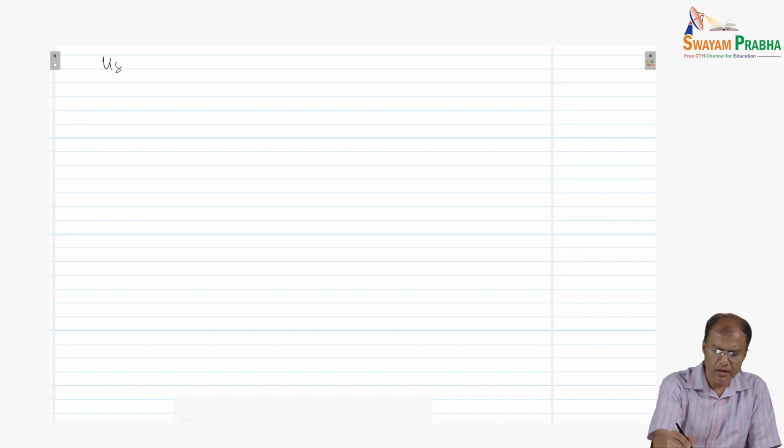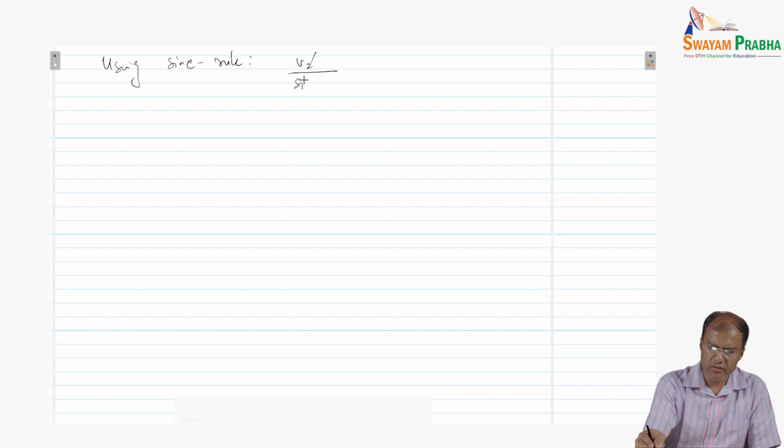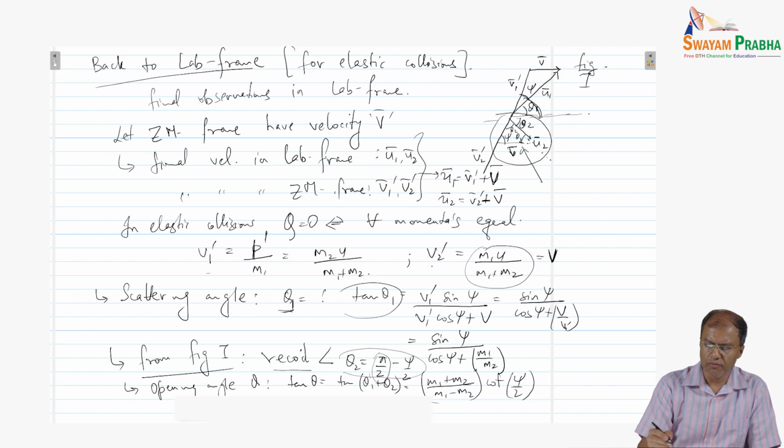So using the sine rule, I see that v2 prime by sine theta 2 is u2 by sine psi. That is what we have used in this triangle that I have circled.